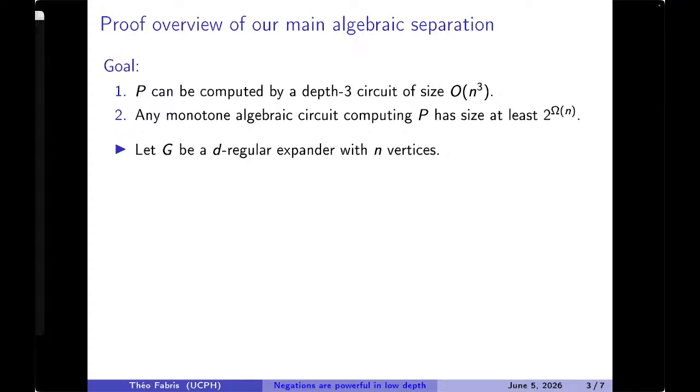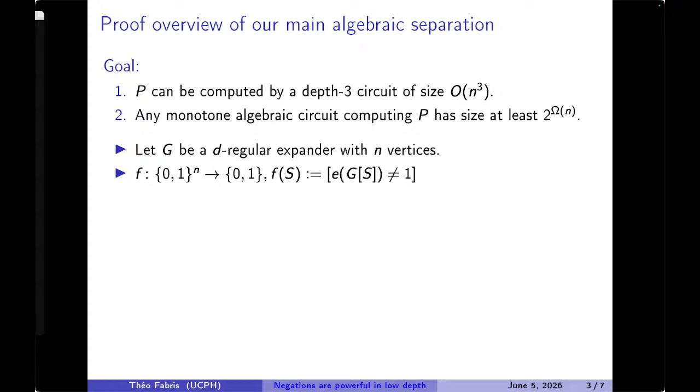So let's just pick any expander graph that you like, with n vertices, that's the important thing. And now we define a Boolean function with respect to that expander graph. Throughout the talk, I'm going to use the correspondence between the Boolean hypercube and subsets of vertices, so just be aware of that.